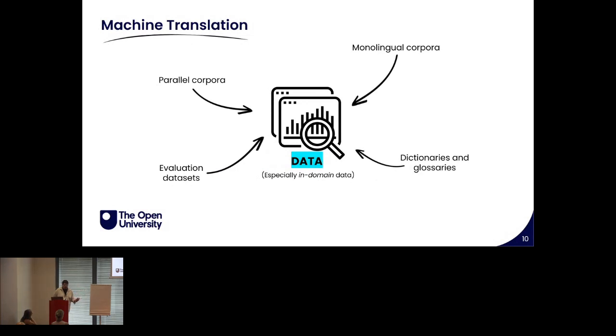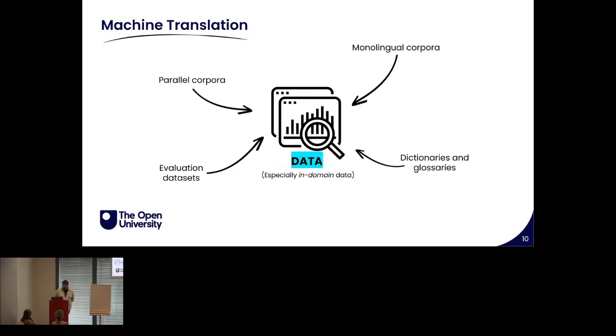I will give you a quick explanation of what those are, as well as dictionaries and glossaries and evaluation datasets. And this data, especially in domain data, is very much needed. And by domain, I mean that in linguistics and machine translation, research and developments, domain refers to a specific subject area or field of expertise with its unique terminology, phraseology, or language conventions.